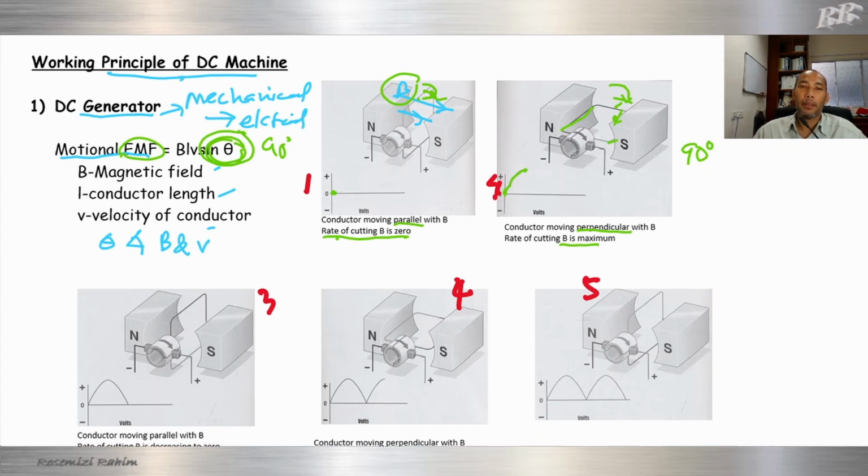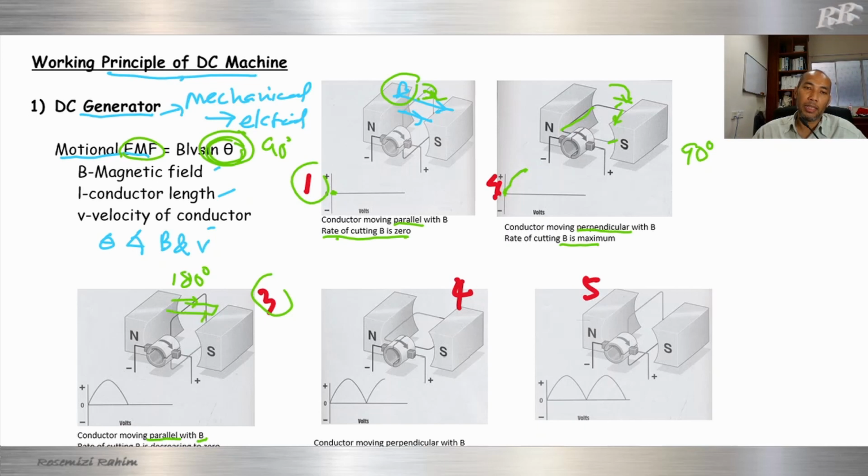Then for figure number 3, it will keep rotating. Now it becomes 180 degrees, same as figure number 1. The moving conductor is parallel with the magnetic field here.